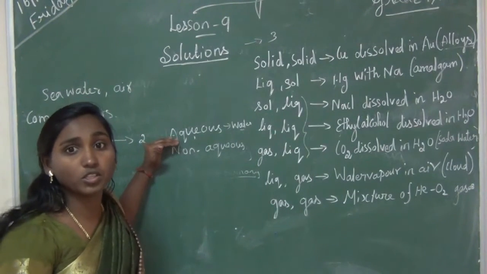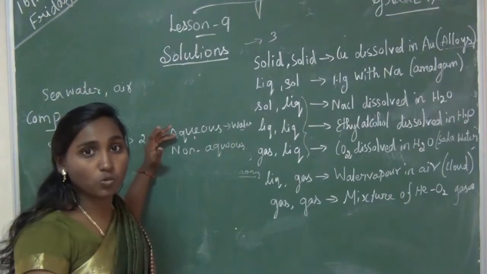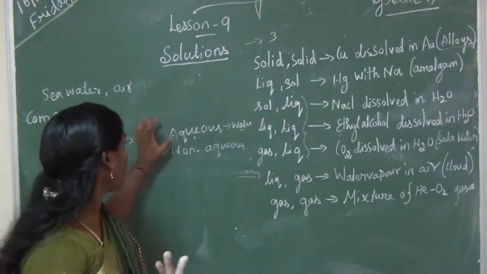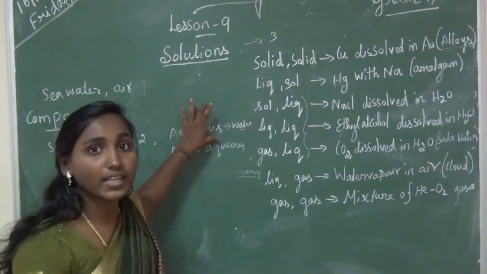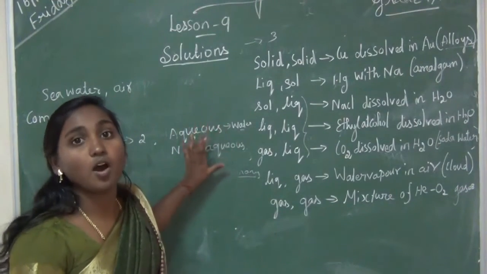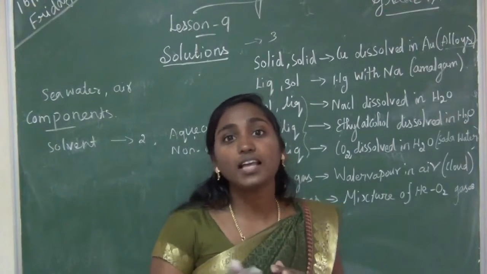Example for aqueous solution: sugar plus water, then salt plus water, then copper sulfate in water. So many things we can say. Then non-aqueous solution: any liquid other than water.